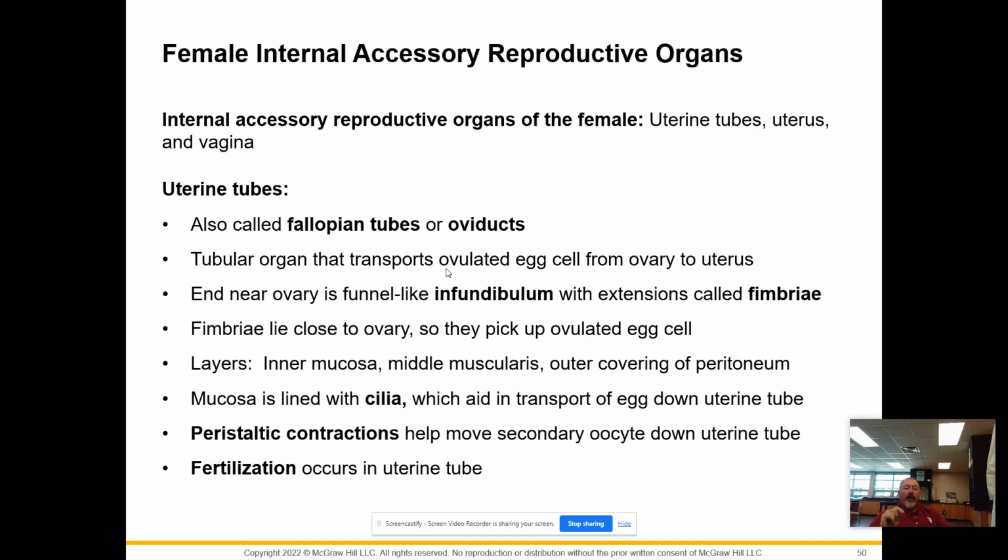All right, there's cilia that's going to be working it down, but there can be peristaltic contractions that can move it down.